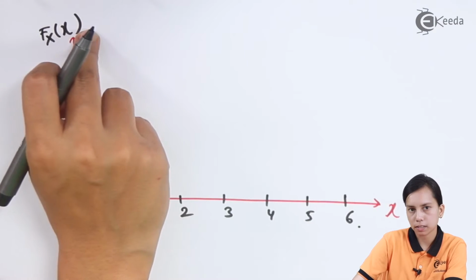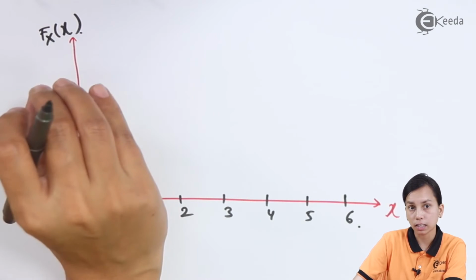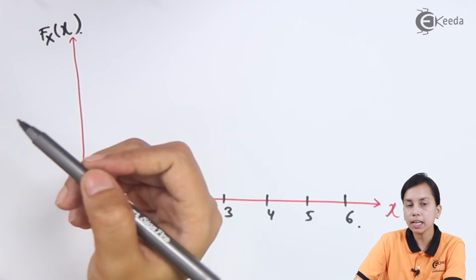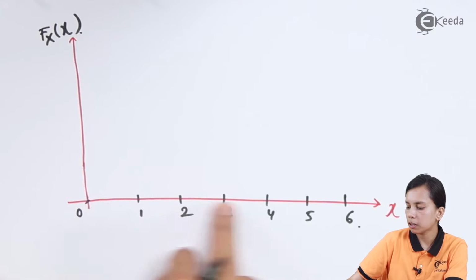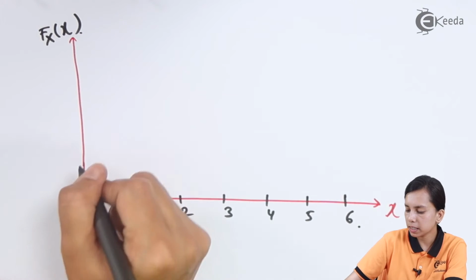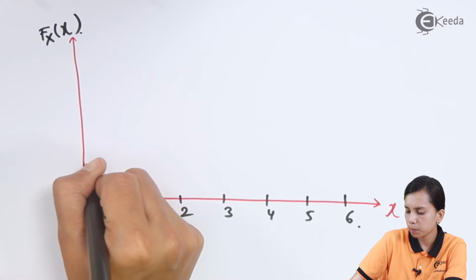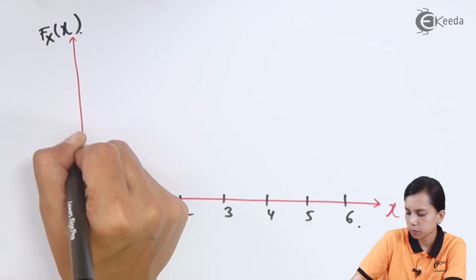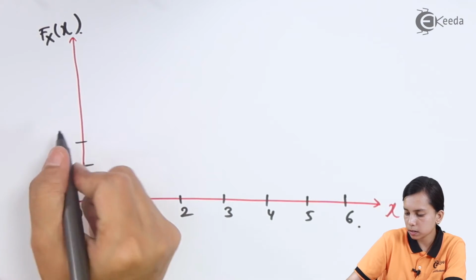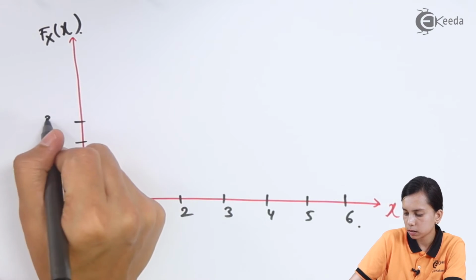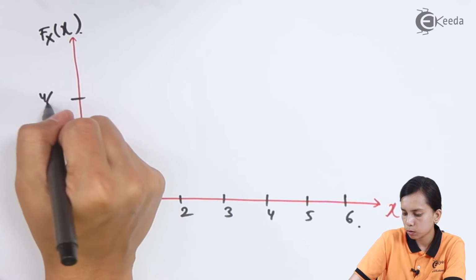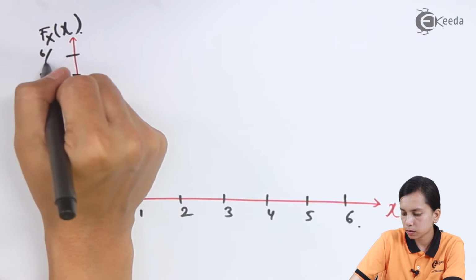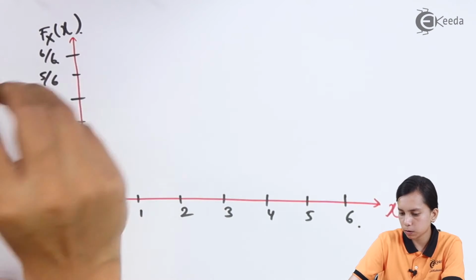This F_X of x, that is our CDF, is nothing but the probability. Let me take the probabilities as 0, 1/6, 2/6, 3/6, 4/6, 5/6, 6/6, or equal to 1.